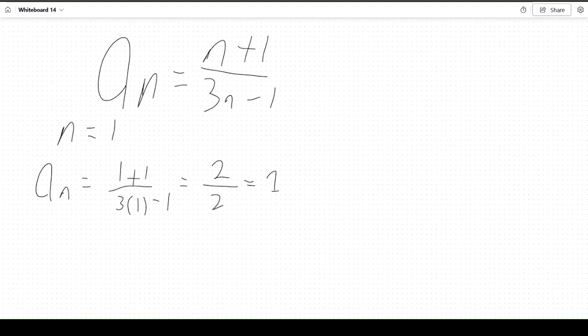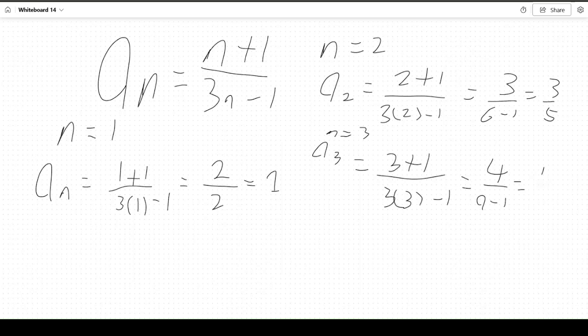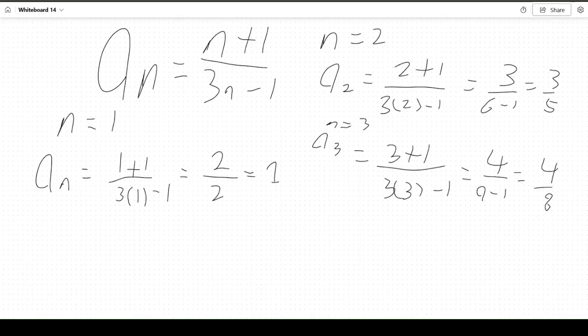So let's say we're going to look for the first 3 terms. With the first 3 terms, we would just put it like that.